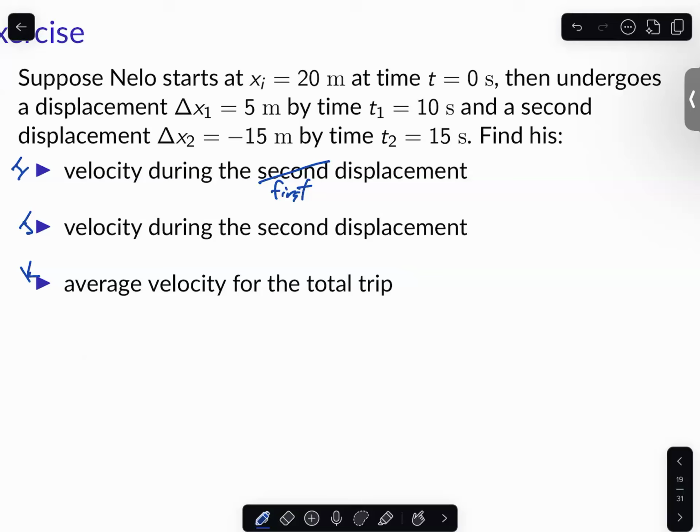The initial is 20. I would say x initial becomes 25 for the second interval. I start at where? 25 meters from origin. Yay, correct answers. Boo, incorrect answers.